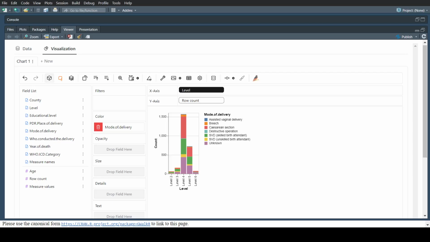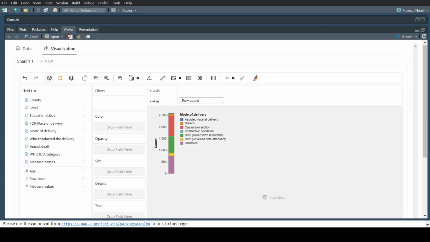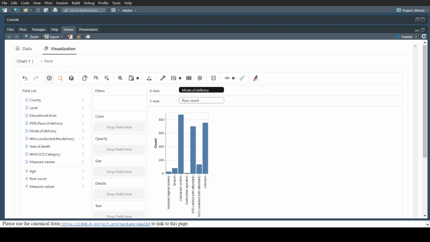So another thing that we might want to look at would be which health workers were responsible for these deliveries. For example, we can put mode of delivery on the x-axis, and we can color it by the cadre of staff that conducted the delivery.